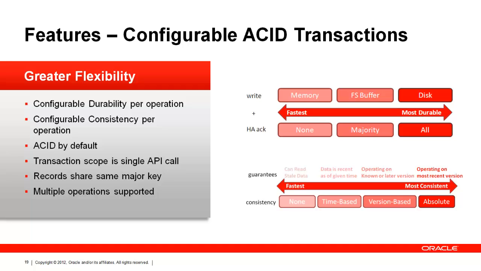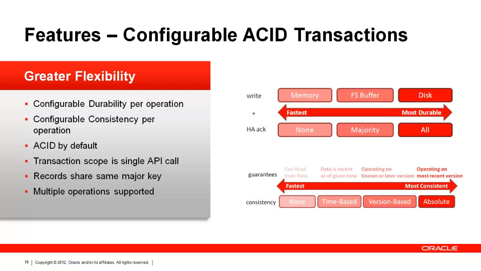At the same time that you're making that choice with the master node that's taking the write operations, you can also, for the rest of the store, say how you want to get acknowledgement from the rest of the replicas. You can say, I don't care at all about the replicas. As long as I've written it to disk in the master, I don't need any acknowledgement.